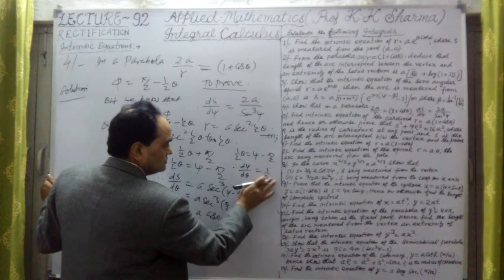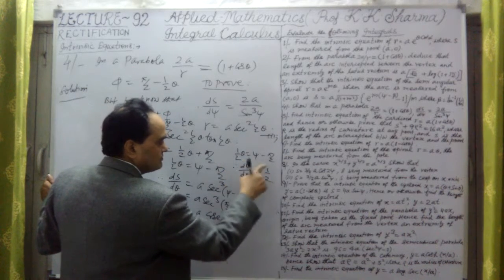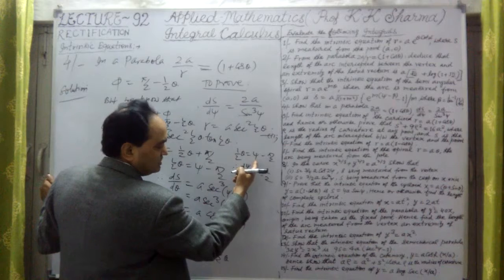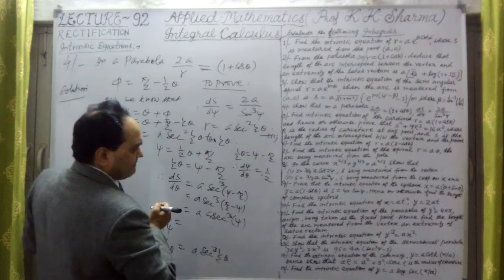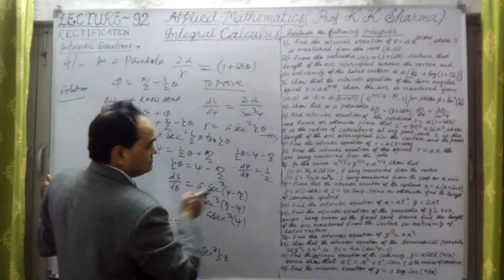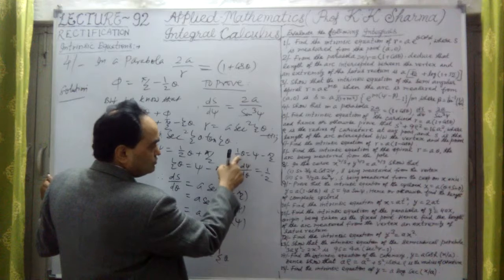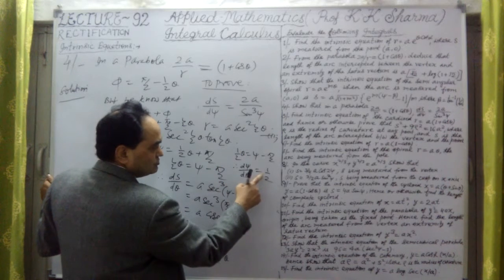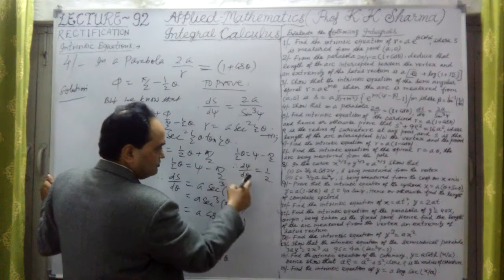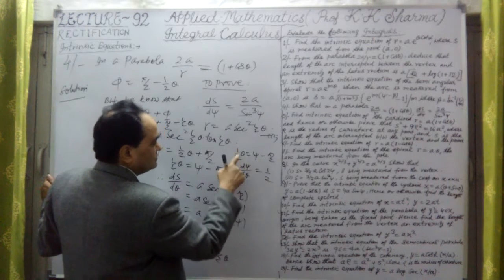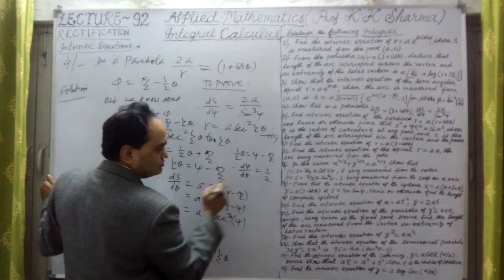Why? Because theta is 1 when we differentiate with respect to theta, and psi we are taking as a variable. Pi by 2 is a constant, and the derivative of a constant is 0. So d psi upon d theta is half only.